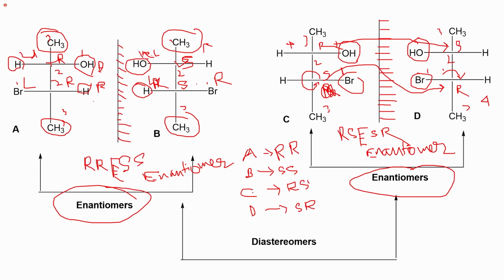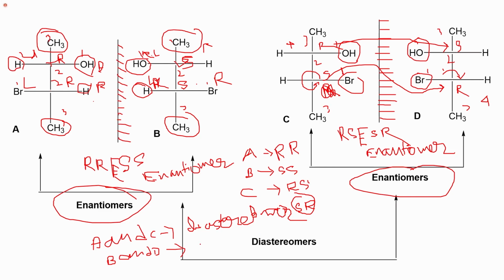But what about A and C, B and D? So R to R is not possible, but R to S is possible. So that means A and C are diastereomers, and B and D are diastereomers. Why are B and D diastereomers? You can see B is the SS and D is the SR. So maybe one R is an enantiomer, but S to S is not an enantiomer.